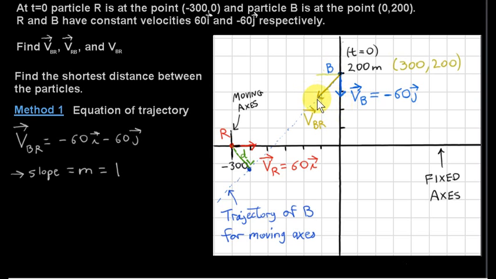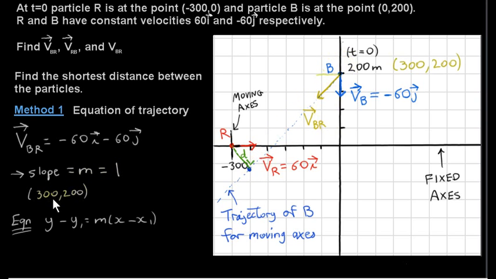We could also see it, if we pick, say, this point here and this point here. The vertical distance between the points is 60, and the horizontal distance between the points is 60. We get that from the ij components of vector VBR. So we divide the rise by the run. 60 divided by 60 is 1. This line is positive slope.